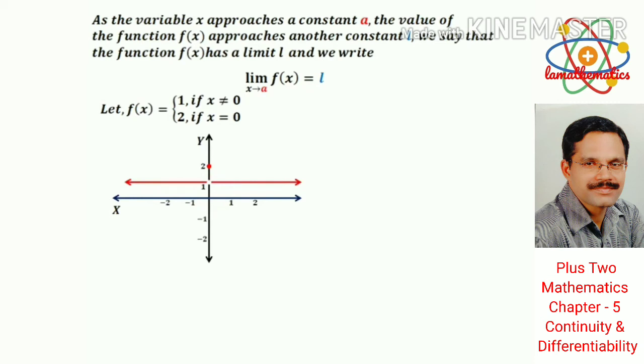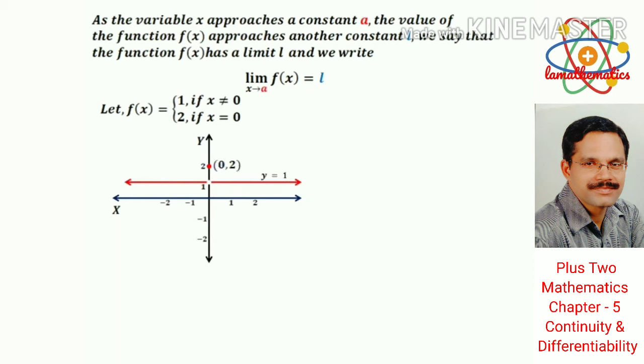If this point is changed to 0, 1, we can say that f of x equal to 1 at x equal to 0 also. And we can conclude that limit x tends to 0, f of x equal to 1.